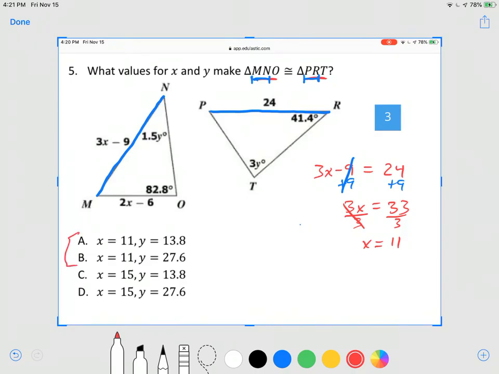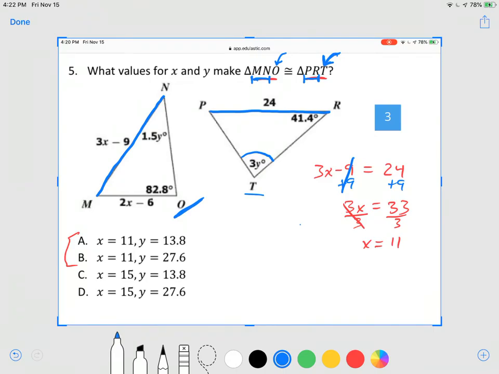And now we can look at y. So here's an expression involving y. It's associated with angle T. Okay, angle T is up here in the very top of the page, and the name is the last letter, T. So that should be the same as the last letter in the other triangle, which is O. So T should be the same as O over here.